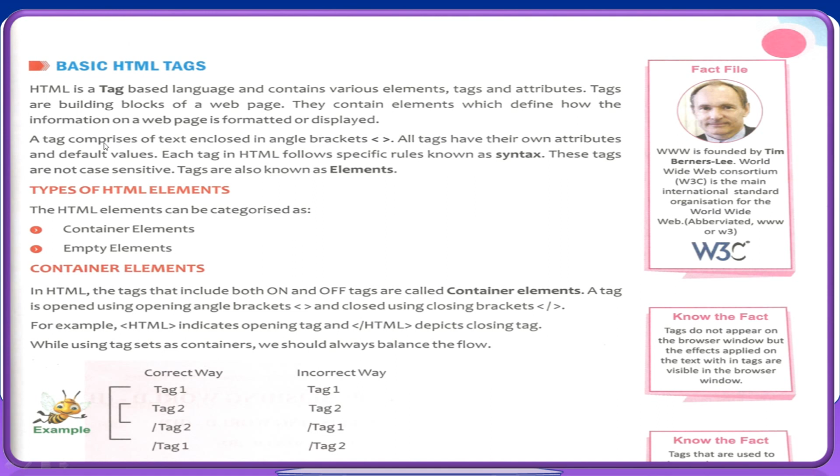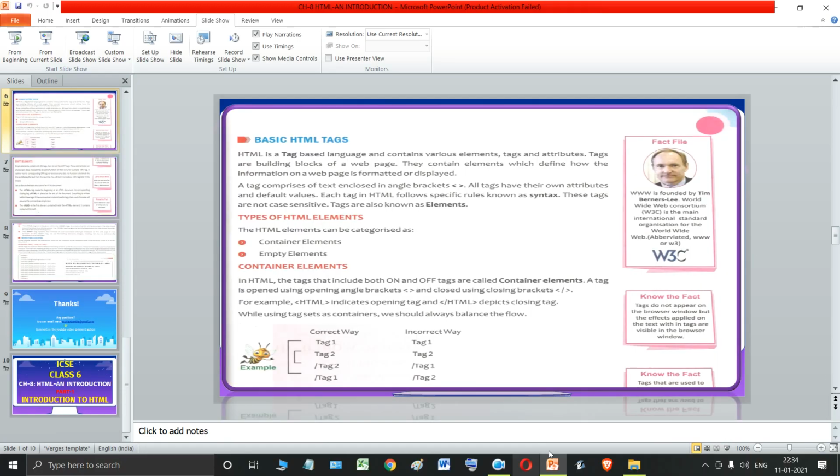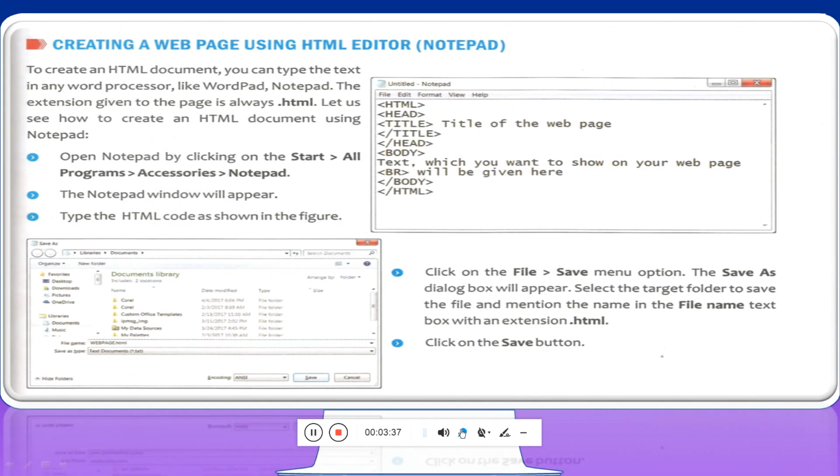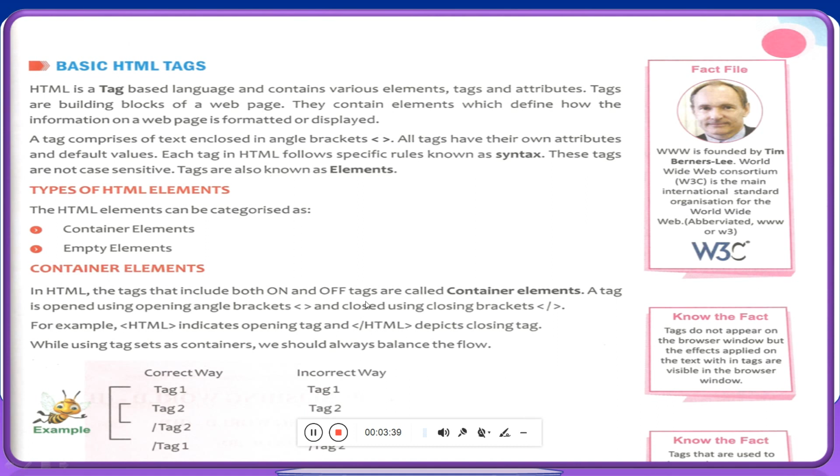Now, a tag comprises text enclosed in angle brackets. You have already seen how we write the different HTML tags. Okay, let me write this.